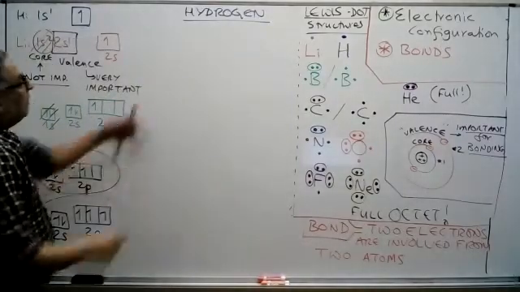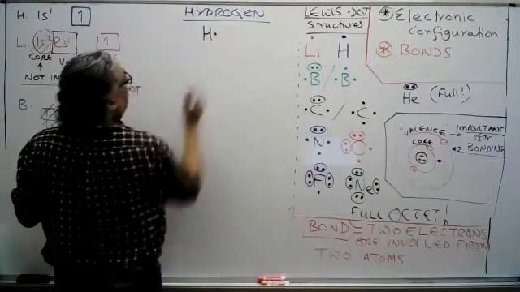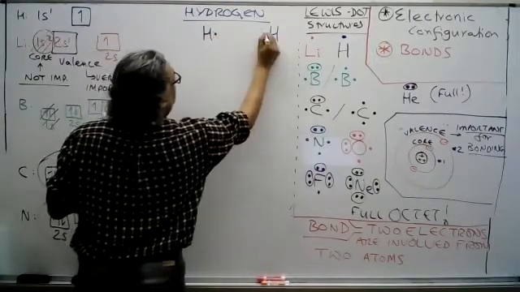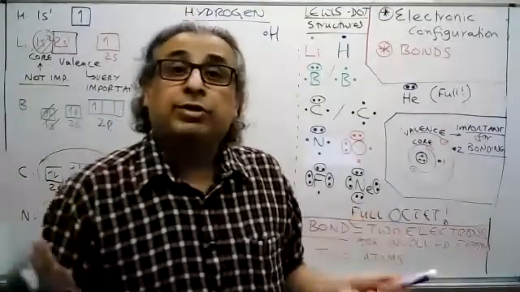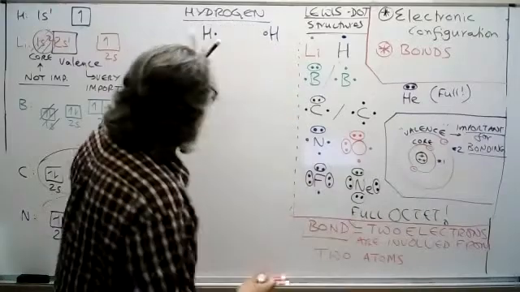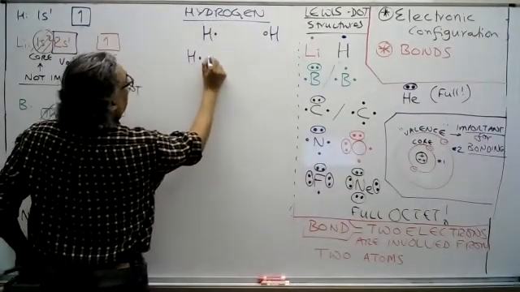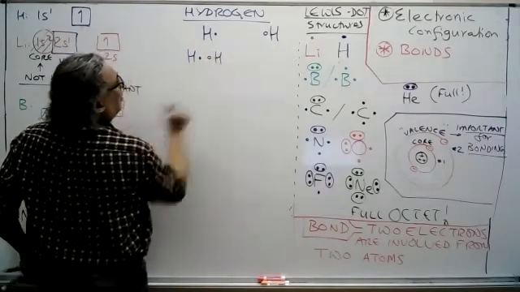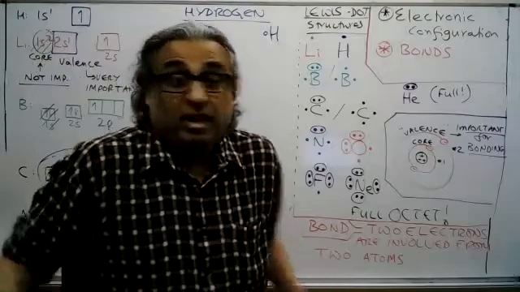Okay, so hydrogen, this guy has 1 electron, this guy has another electron. In order to make a hydrogen bond between two hydrogen atoms, this is atom and that's atom, hydrogen number 1 comes and shares with hydrogen number 2, and they have a chemical bond.